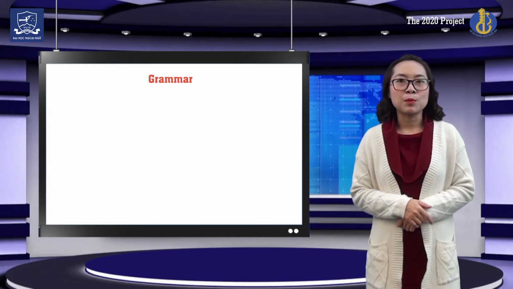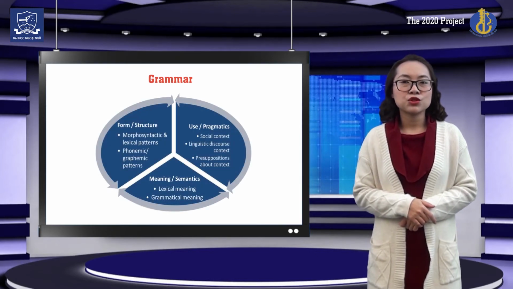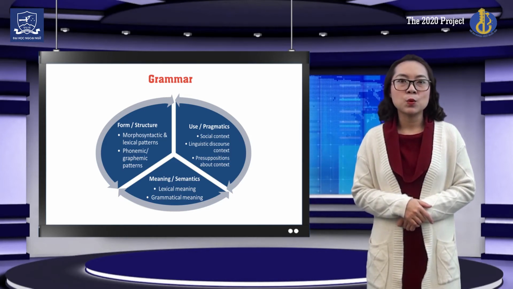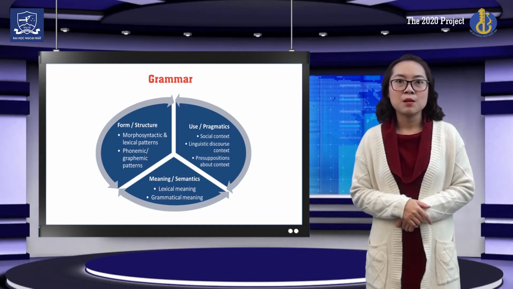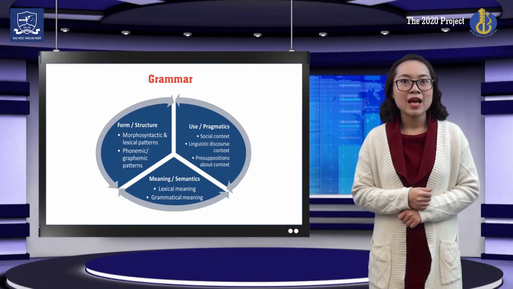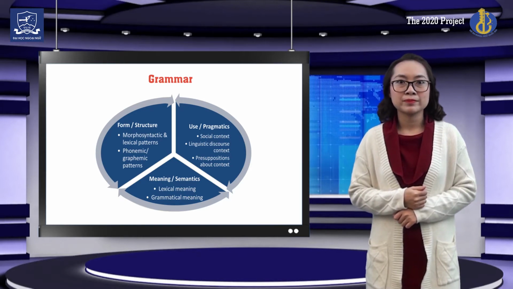Take a look at the pie chart suggested by Freeman. Its shape helps us to make salient that in dealing with the complexity of grammar, three dimensions must concern us: structure or form, semantics or meaning, and the pragmatic conditions governing use.